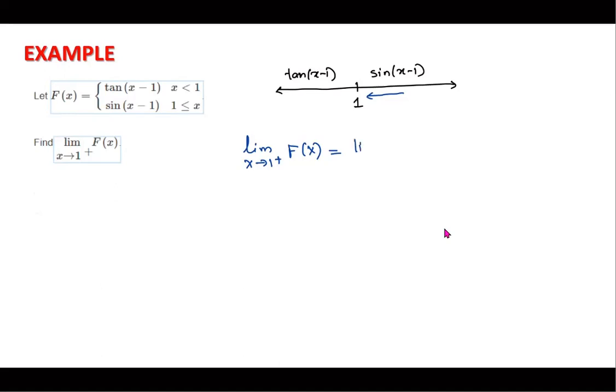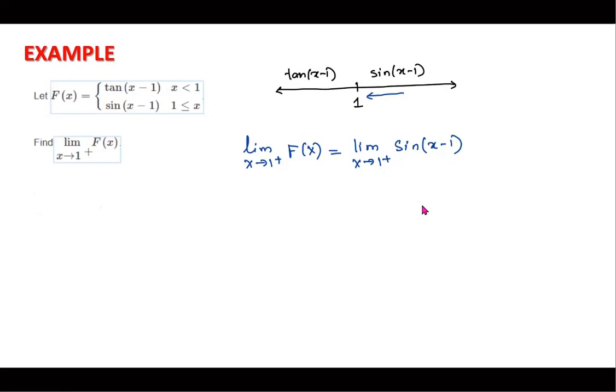So we do the limit as x approaches 1 from the right of sine x minus 1. We pick sine because we are getting closer and closer to 1 from the right. And as we approach from the right, our function is sine x minus 1. So now, because it does not have the denominator and does not have the radical, you are safe to plug in the value.